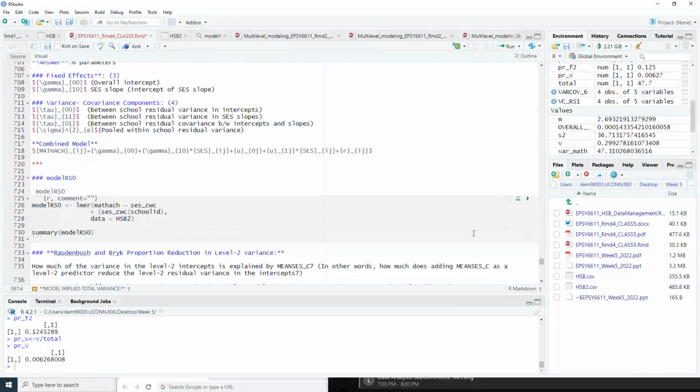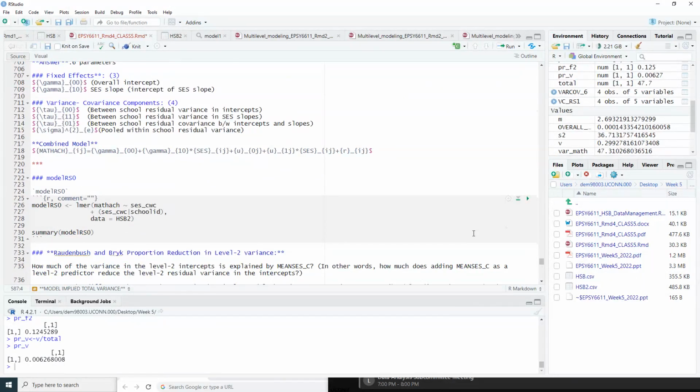I have to run some sort of model where I compare these two models to each other. That's a nice thing about Rights and Sturba: I can do it on one model. So here for RS0, I basically have SES centered, but I took mean SES out of the model.